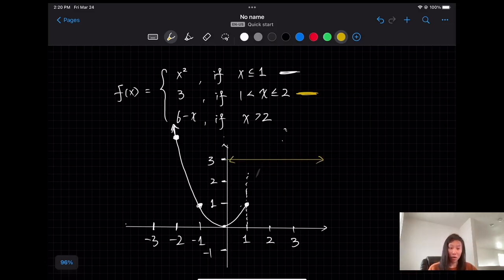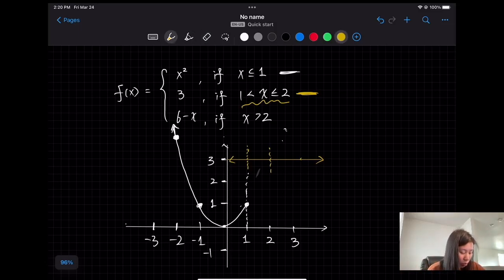However, the function is starting with what? 1, not including 1, and ends at 2, right? That's the domain. So I want my function cut at this part. At 2 here, sorry. So only the middle part represents the function, because other than that the function is undefined, because x is only from 1 to 2, including 2.